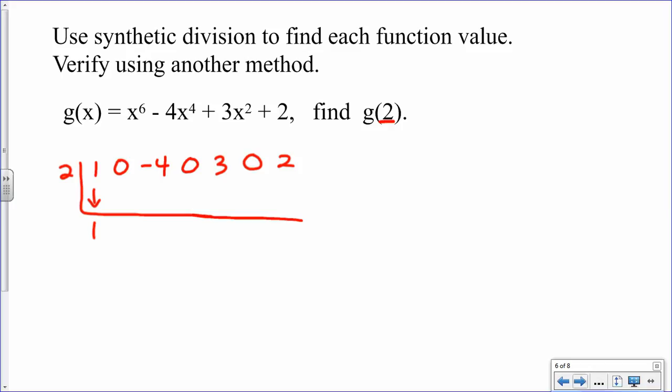Yes. Okay, so then I get 2. So I should get a remainder of 14.